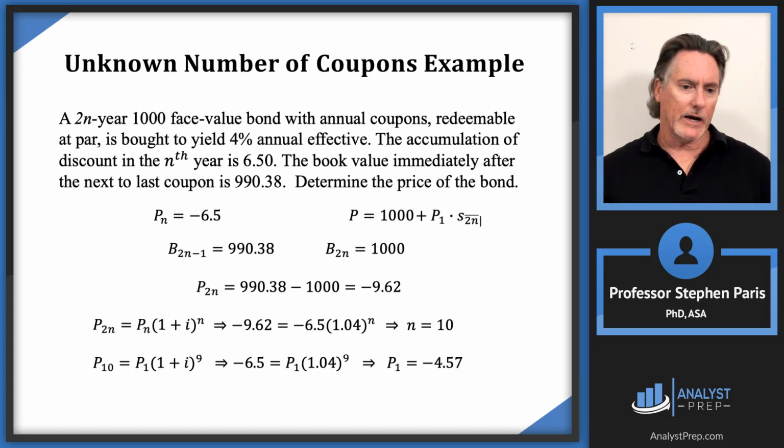So at this point, I'm ready to get my answer. Go back, and the price then would be 1,000 plus this cap P sub 1 times an S angle 2n. N is 10, so I've got an S angle 20 there. I've got what the annual effective interest rate is. It's 4%. That's what I bought the bond to yield. So go through this and calculate this.